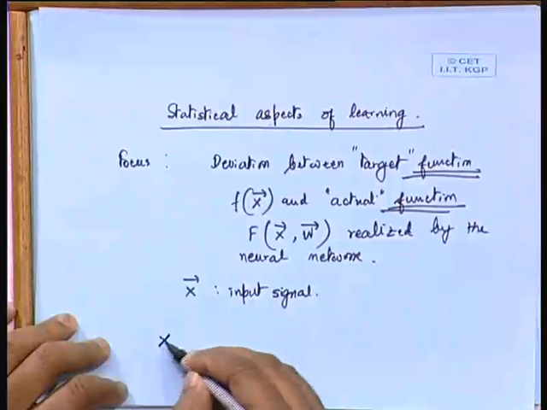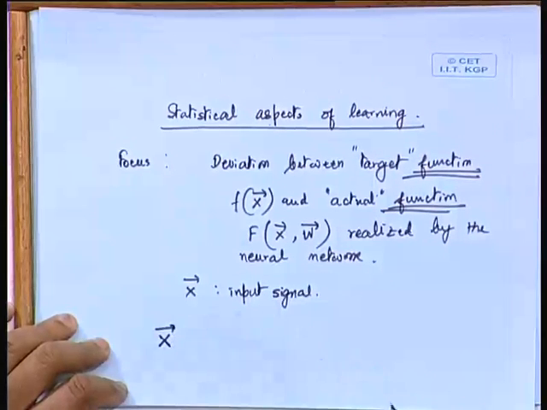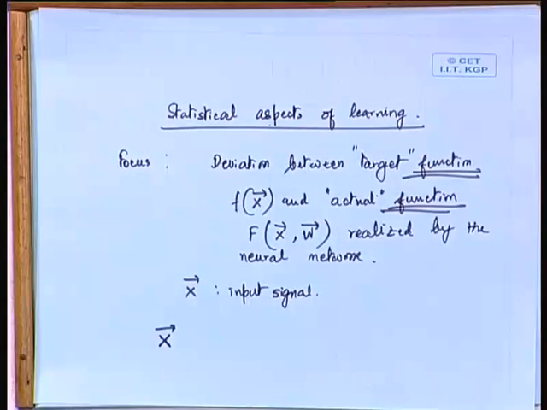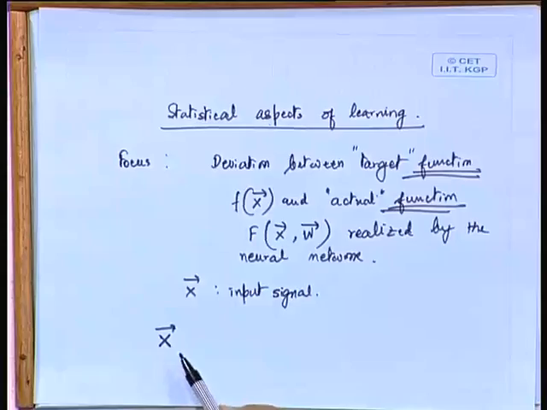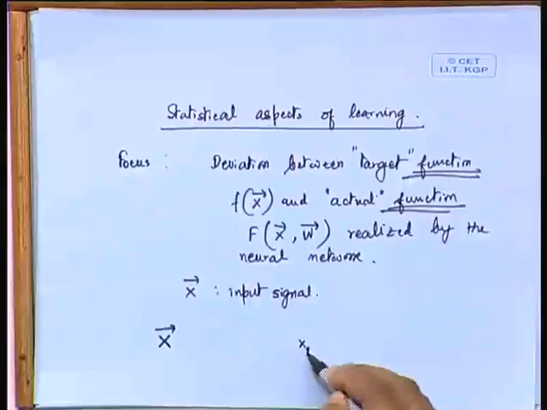Now, we define x vector to be an input signal. We can denote it by a capital X vector, which is nothing but a random vector, a random variable vector, where the instances of that vector are these xi vectors.